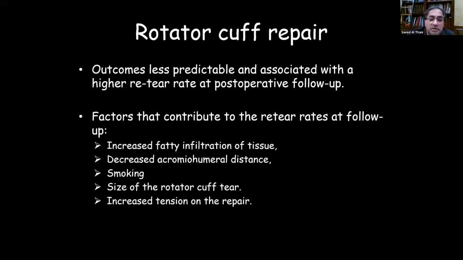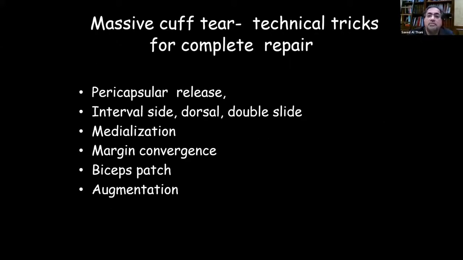You have to review the MRI. You have to see whether the patient is smoking. You need to get the size of the tear and the complexity of the tear. And the tricks here: you have to make sure that you have a very good capsular release, because that sometimes can prevent you from reducing the tendon back to its place.